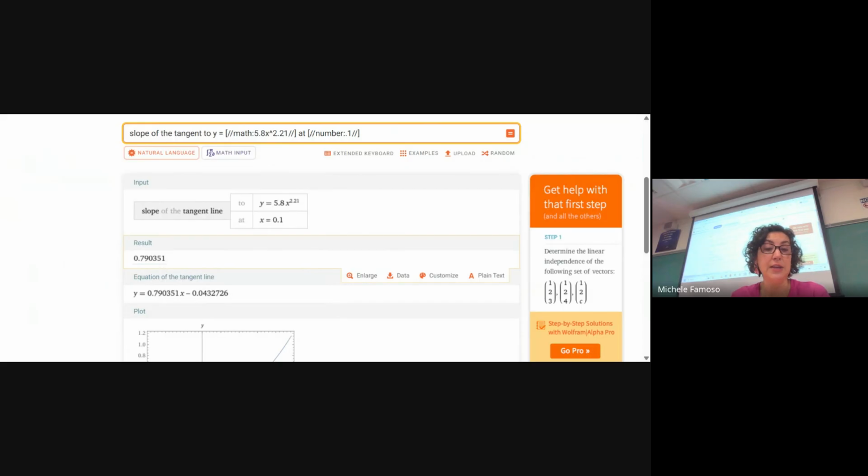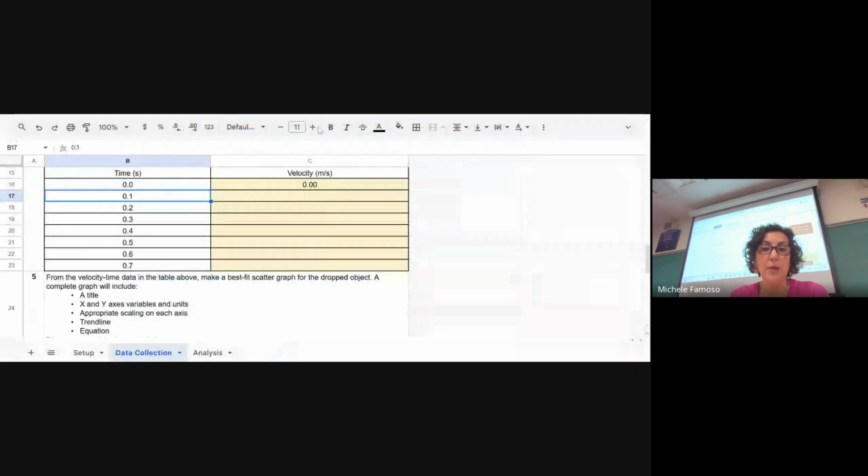So we're going to take that answer, 0.790351, and plug it into our Google Sheet at 0.1. It's going to round it. That's fine. Now we're going to do the same thing at 0.2 seconds, and so on and so forth.